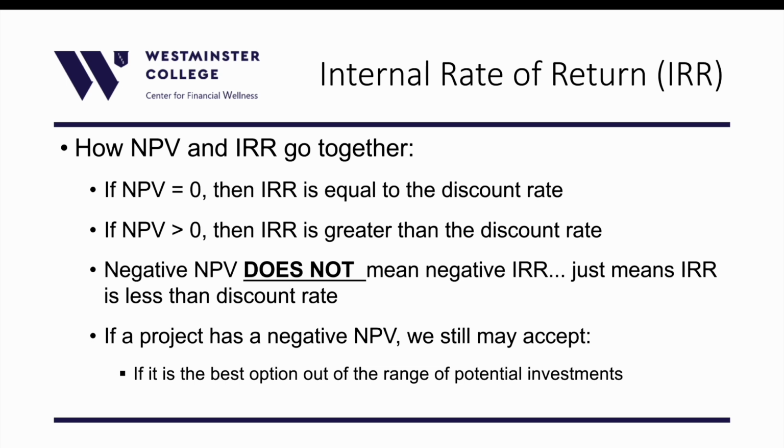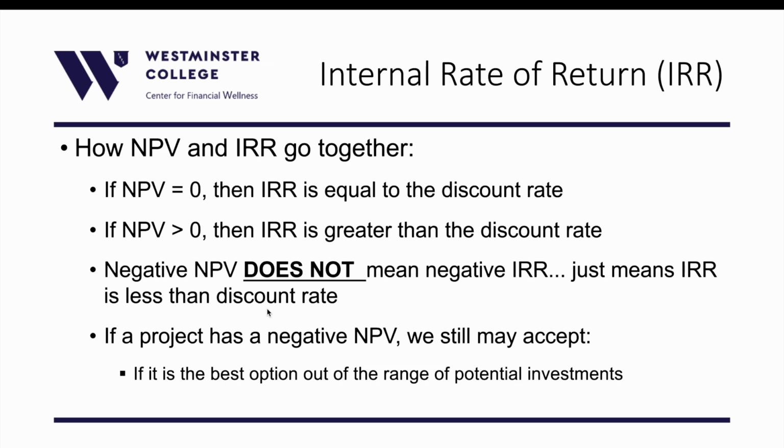That doesn't necessarily mean that our IRR is going to be a negative amount. It just means it's going to be less than our discount rate, which was 10%. So maybe with that negative $10, our IRR would have been about 9%. Let's just say it's around there. That just means that our IRR is less than our discount rate.